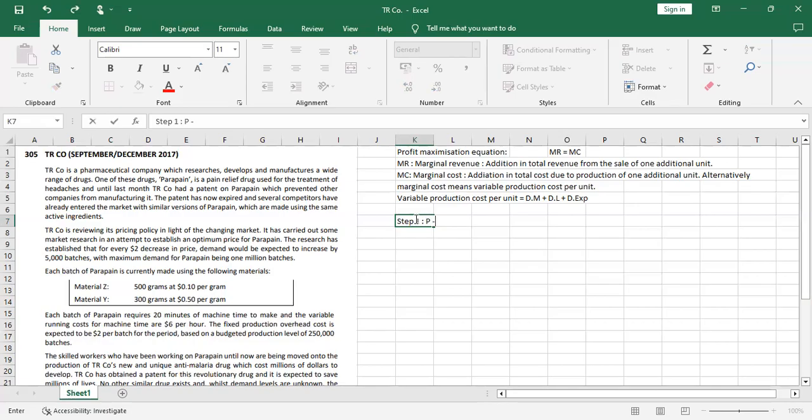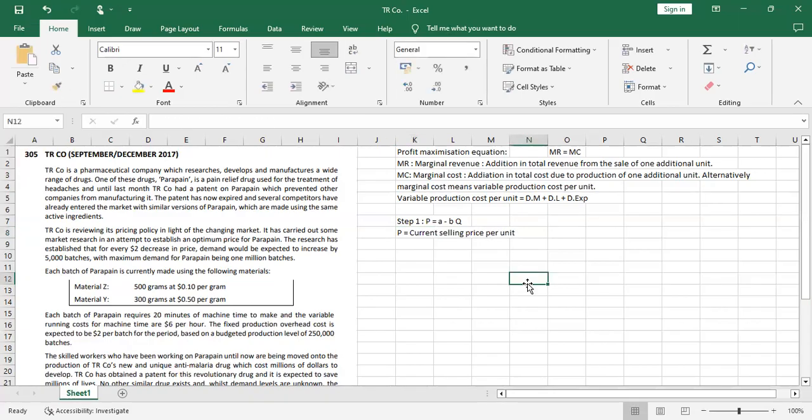Okay. So step number one is P is equal to A minus BQ. Now we will describe this formula: what is meant by P, what is A, what is B, and what is Q. In step number one, P stands for current selling price per unit.